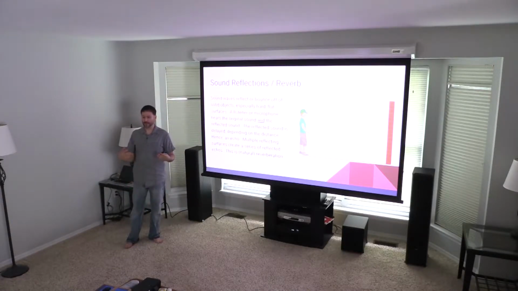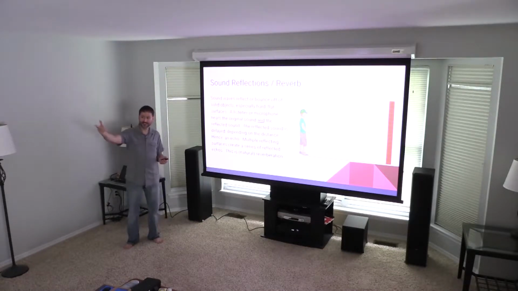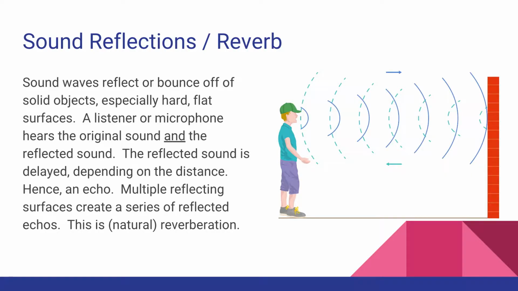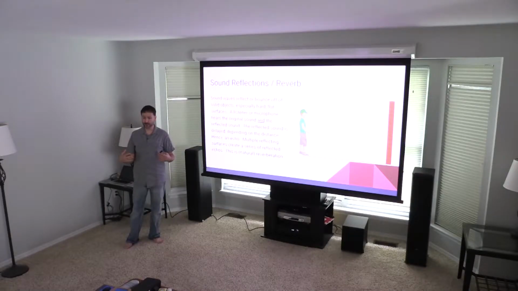And the thing with that is that when it finally gets to you, it's had to travel a different distance, more distance, which means it has arrived at a different time. So room reflections and reverb are more or less the same as the source sound, except that they arrive at a different time.